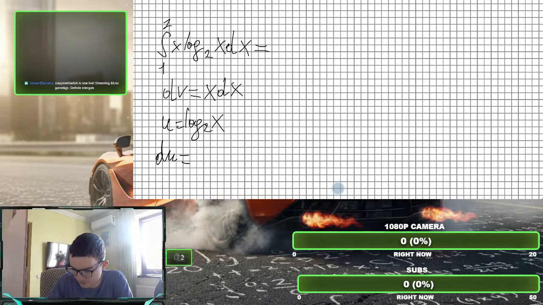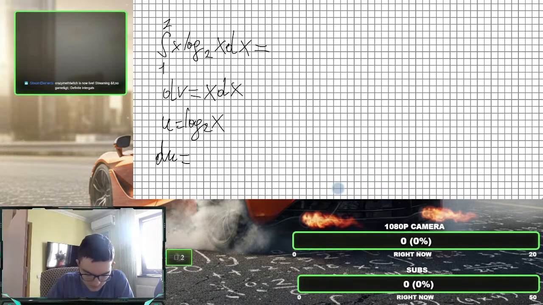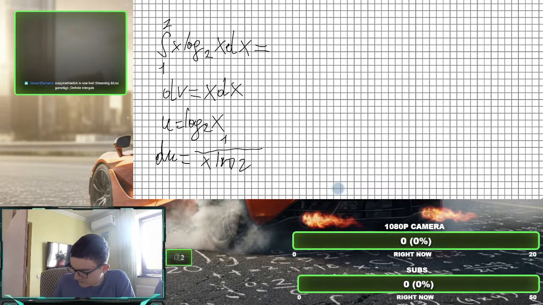So the derivative would be 1 divided by x ln of 2, and that's it. This is what it would be.